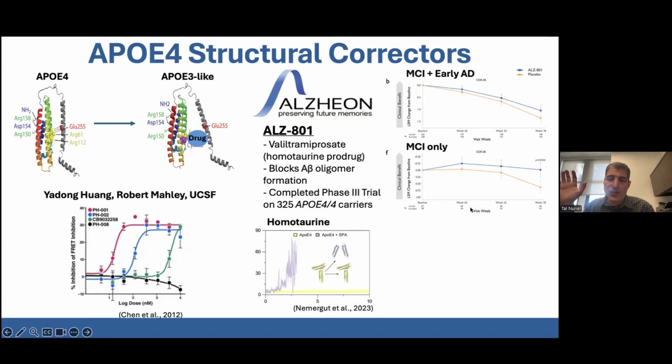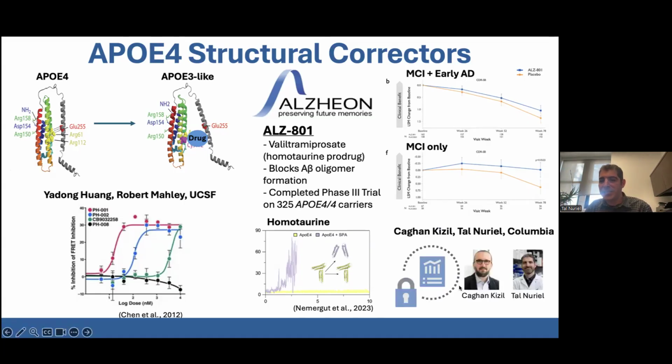And just to give a little bit of a plug, I've got a collaboration with a regular collaborator of mine, Shahan Khazil, who made a number of compounds that we believe have APOE4 structural corrector characteristics, that we're currently looking for funding to test and bring forward as well. So I think it's an approach for people who maybe are not inclined to get gene therapy, to hopefully achieve some of that same biological effect with a small molecule.